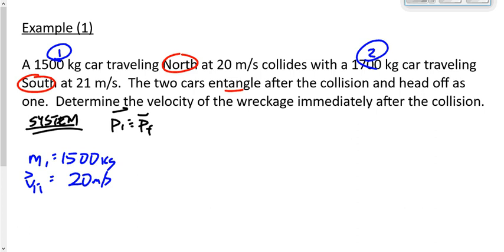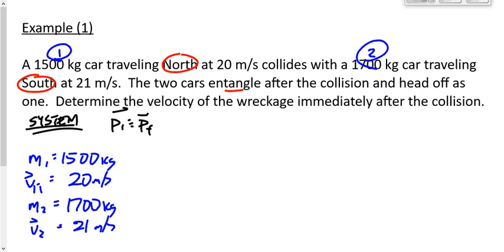What else do we have here? The 1,700 kilogram car, I'm going to call that M2. That's the second object. Now I have another velocity here, 21 meters per second. Is that V1 or V2? Yeah, that would be V2.